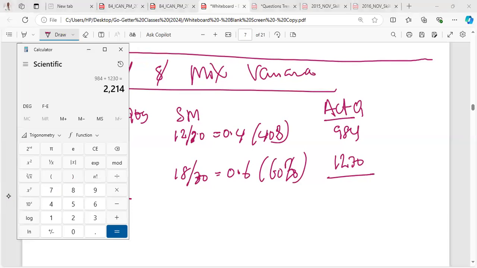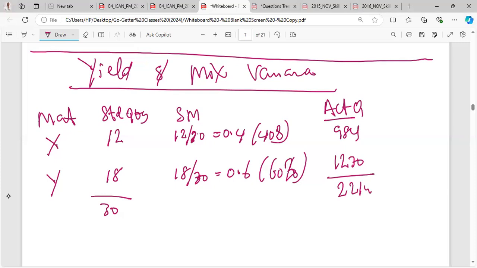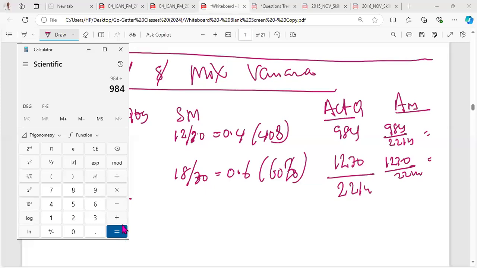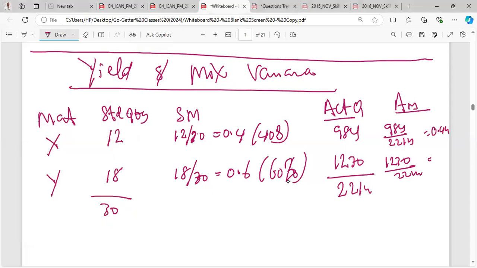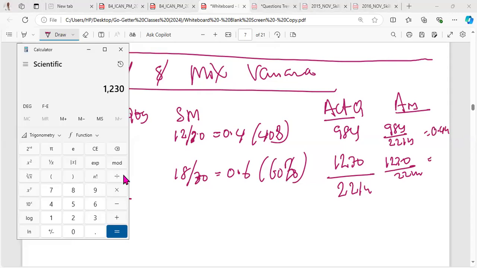So actual mix is 984 over 2214 and 1230 over 2214. 984 divided by 2214 gives us 0.44, while 1230 divided by 2214 is 0.56.